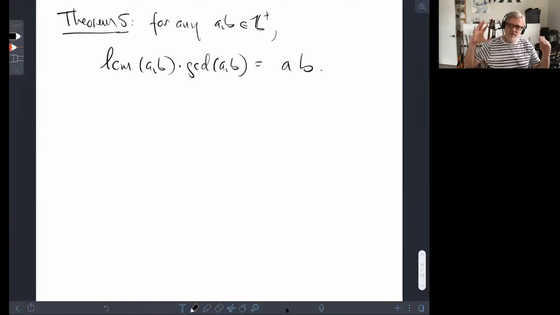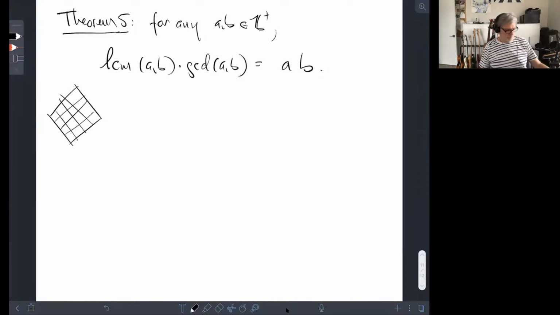So the picture I have in my mind is the following, because I know other stuff. This is sort of a classic identity in a bunch of algebraic structures that you've never seen before, which are called lattices. And the integers happen to be a lattice under divisibility, and it looks like something like that. Okay, so the way I see it is this: you have A like that, you have B like that.